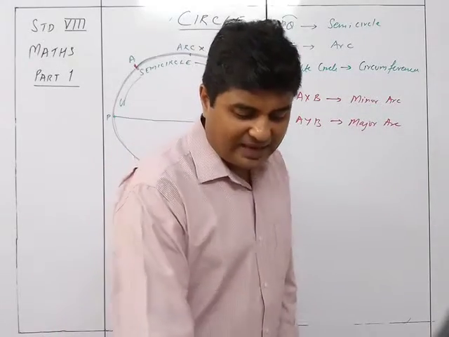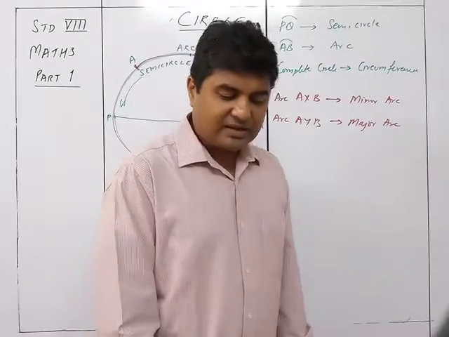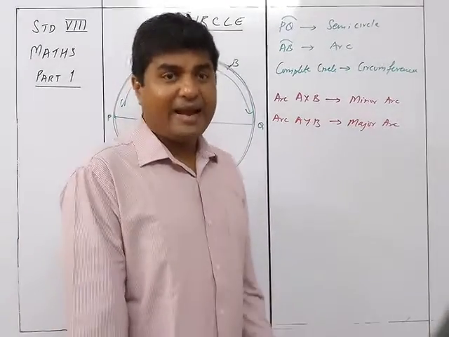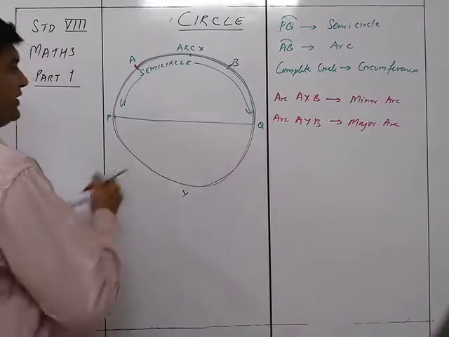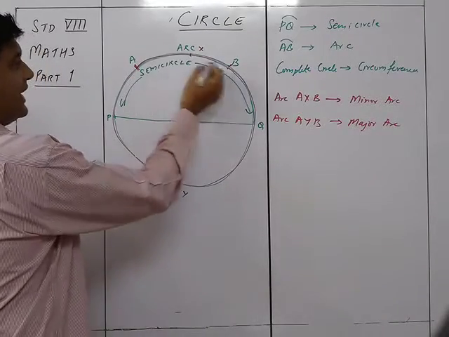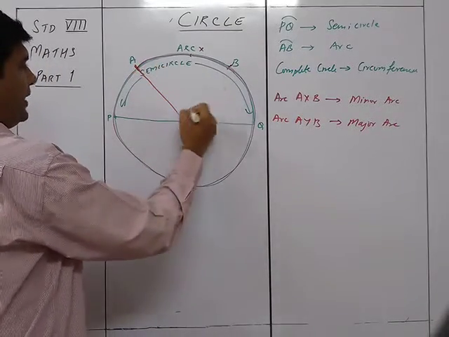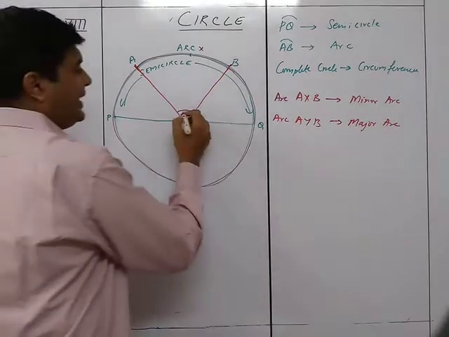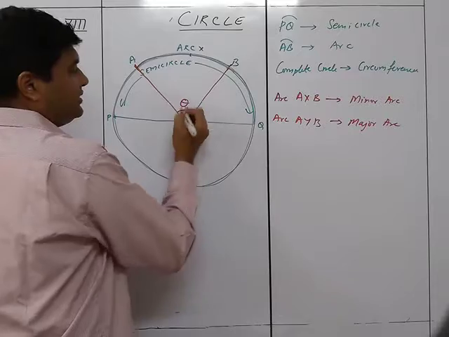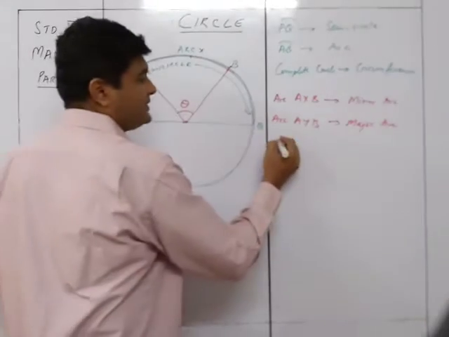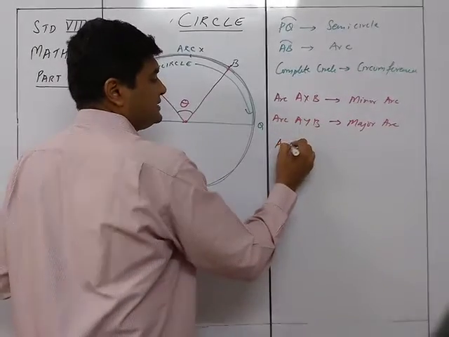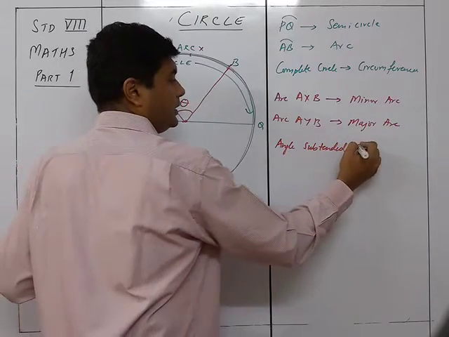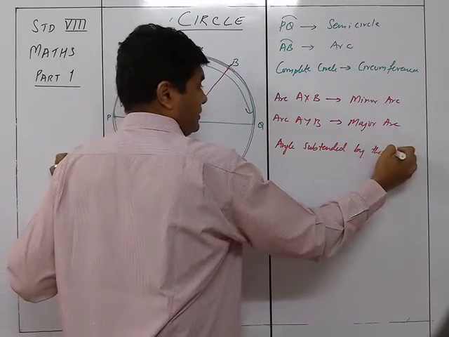Now these arcs will also be forming an angle over here. So if this is the center, this arc is going to form an angle over here. If this angle is theta, it is called the angle subtended by the arc.